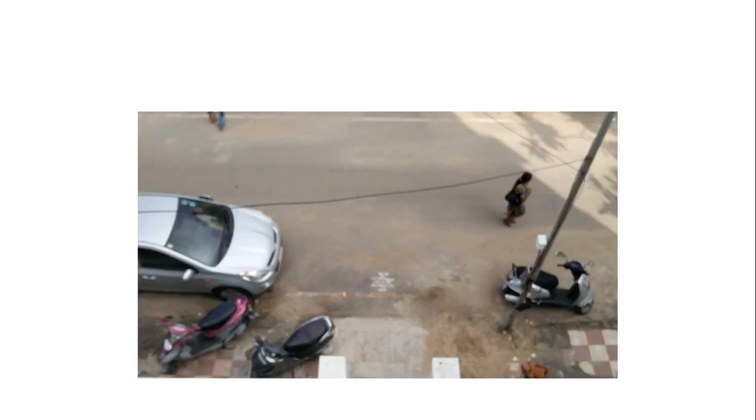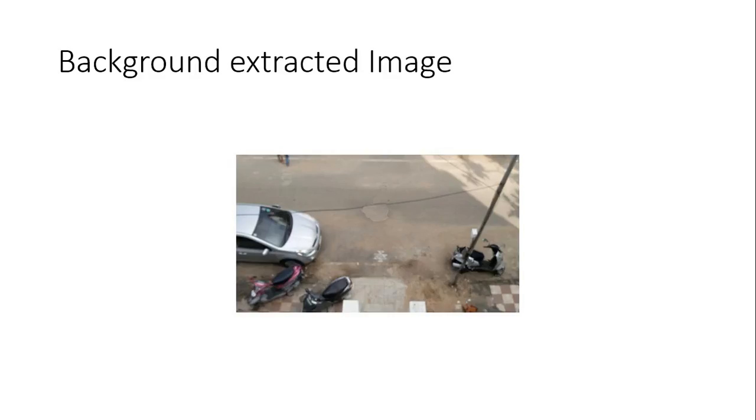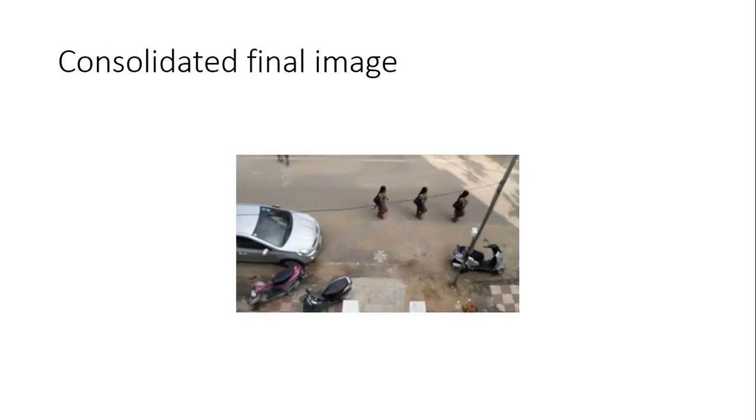So I have three images where the background is the same and the woman is moving across, and this is an HSV subtraction where you get the foreground image of the moving particle in the image, and this is a background of all the three images where you don't have the moving particle involved. So this is just the background image, and this image where you have the background image and the moving particle from all the three images stitched together to get the final consolidated image.